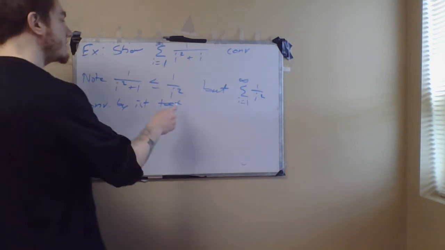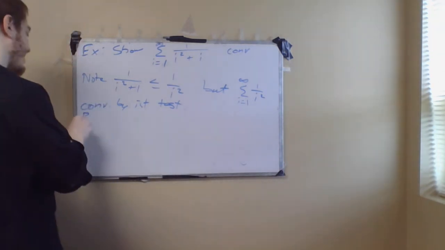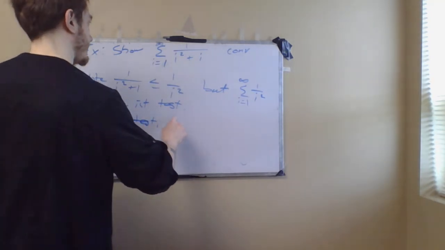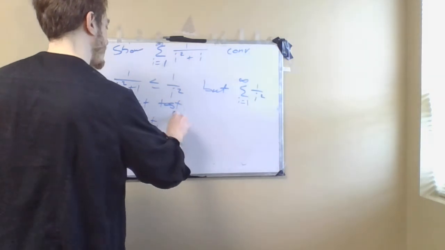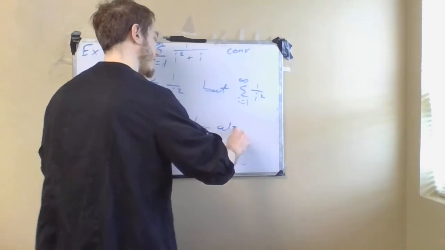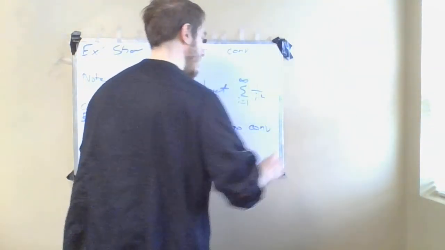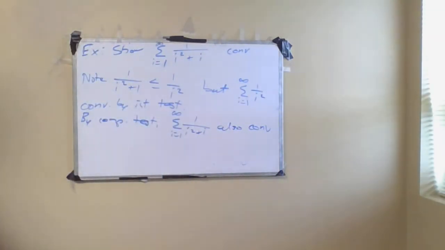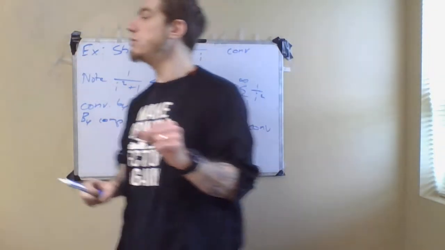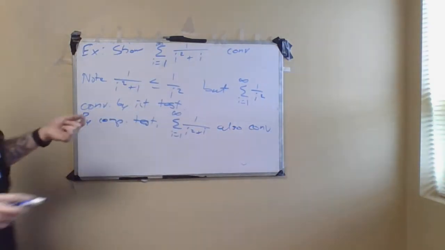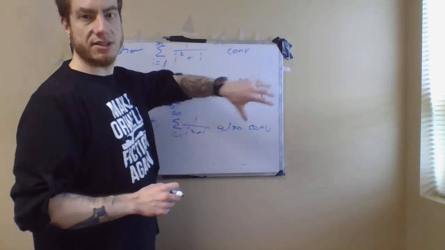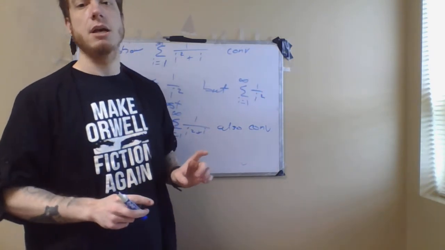Anyway, in this case, what we can say is that by the comparison test, the sum from 1 to infinity of 1 over i squared plus i also converges. Now, this doesn't tell us what it converges to, although we do know it's going to have to be something less than or equal to whatever the series we're using for the comparison converges to.